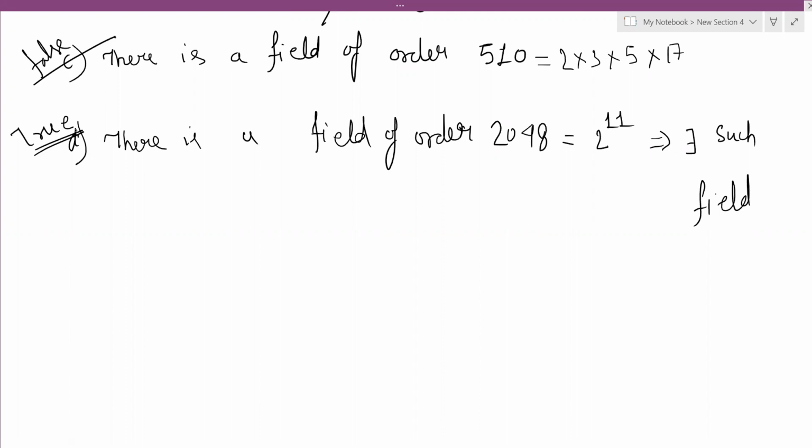Primitive root means its generator. Nth roots of unity form a cyclic group, so the generators of this cyclic group are called primitive nth roots of unity. That is, e power 2 pi i k by n, where k is coprime to n, are primitive nth roots of unity.